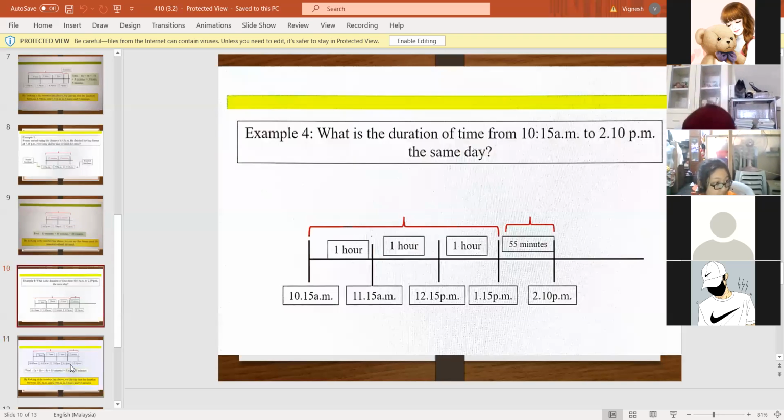Okay. So now, what is the duration of time from 10:15 a.m. to 2:10 p.m. on the same day? The same day.